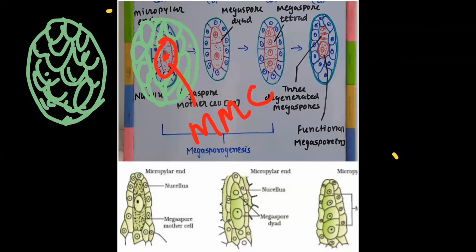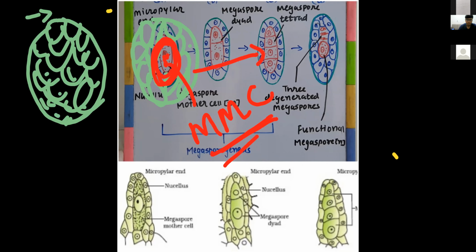And now when it has to develop the embryo sac, one of the cells of this nucellus, mostly towards the micropylar end, differentiates into what is known as the megaspore mother cell. And that cell will soon give rise to 4 megaspores by the process called megasporogenesis. This one cell is a very large cell. It contains a very dense cytoplasm and a prominent nucleus.